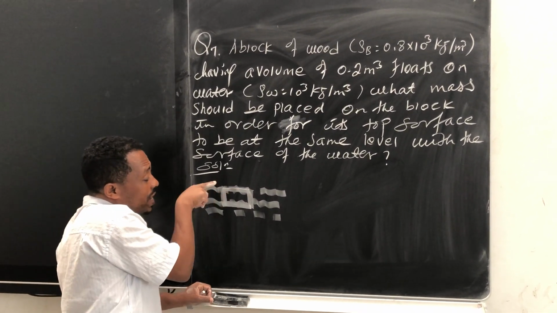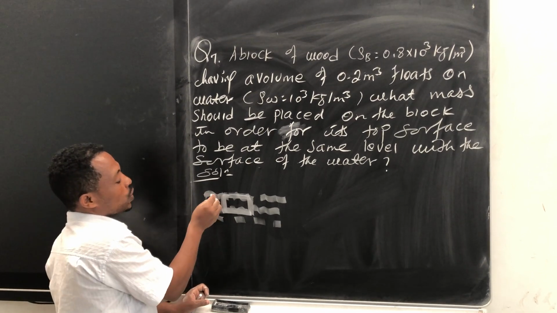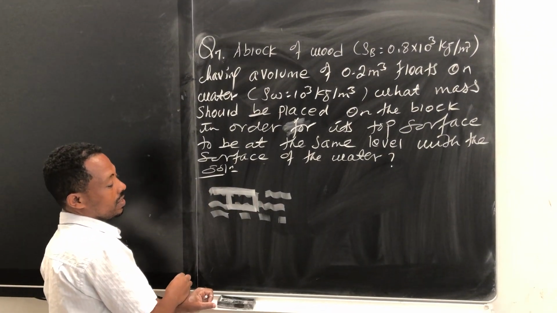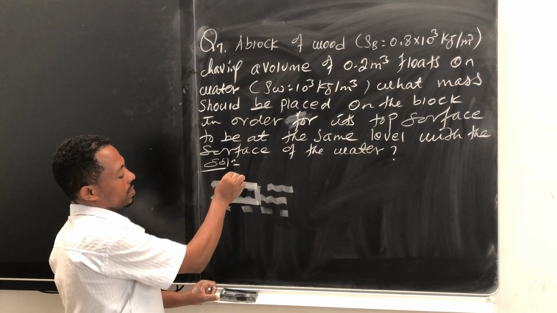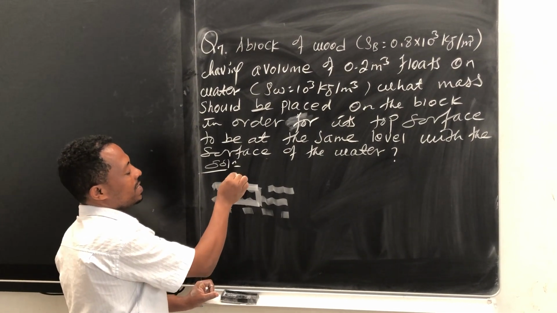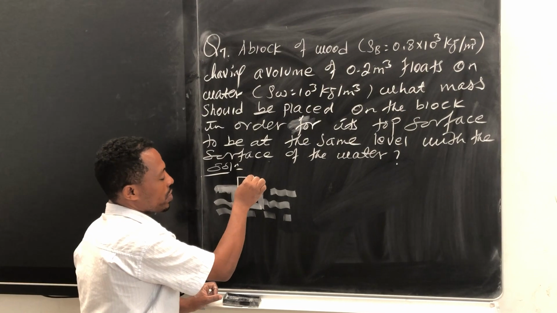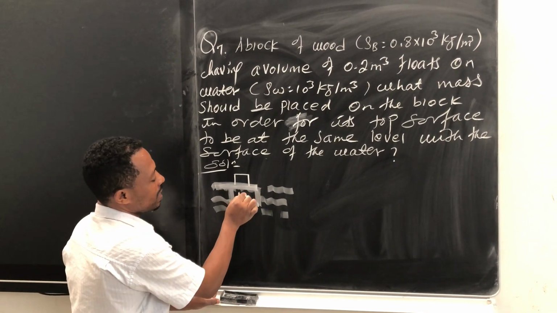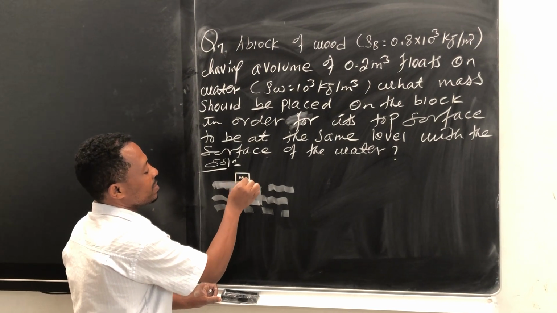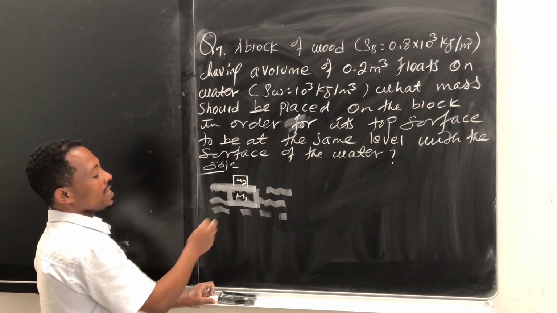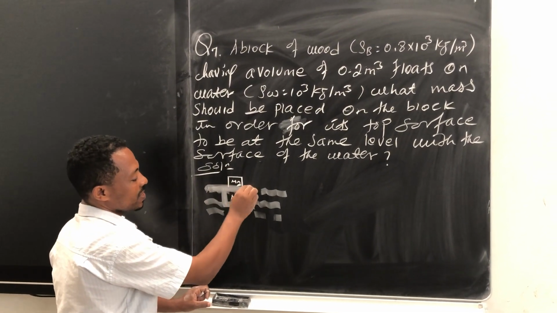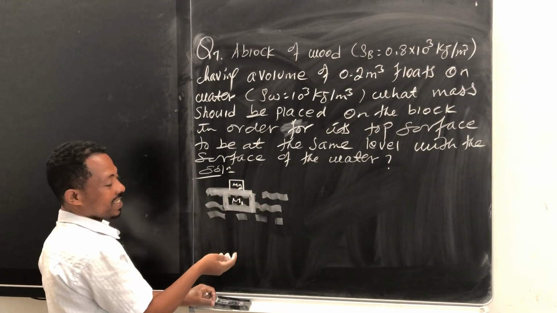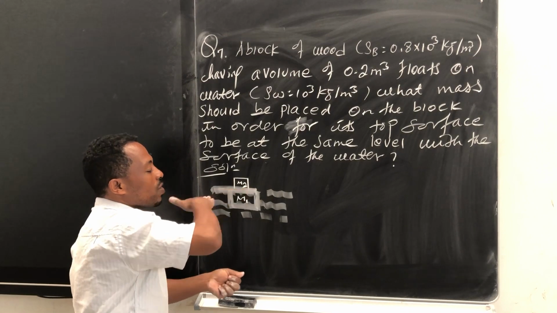We requested the first mass to be at the surface of the water, so an additional mass should be introduced. Let this be mass 1 and this be mass 2. Dears, this object is to be here at the level of the water.